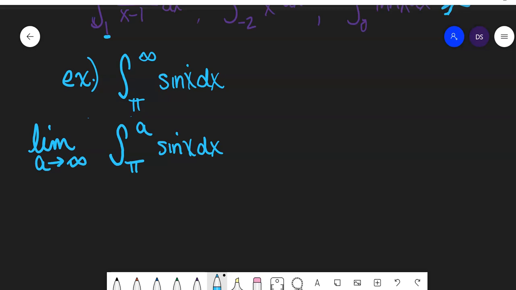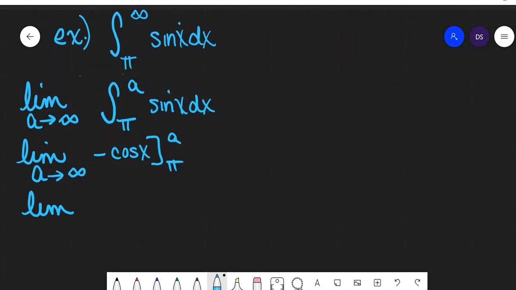So now we integrate like normal. And if you remember back in your limit days, you only drop your limit notation once you've substituted in the infinity. So if we integrate sine, we get negative cosine x. And we're going to evaluate that from pi to a.